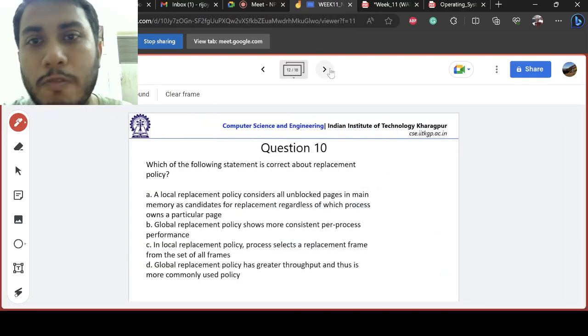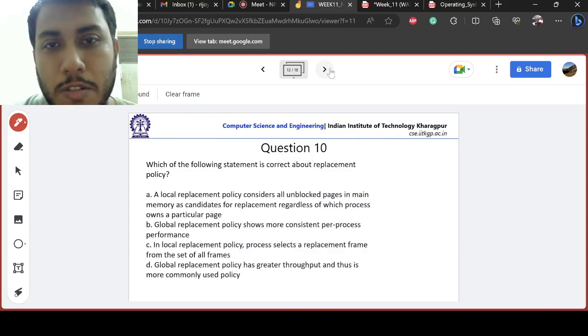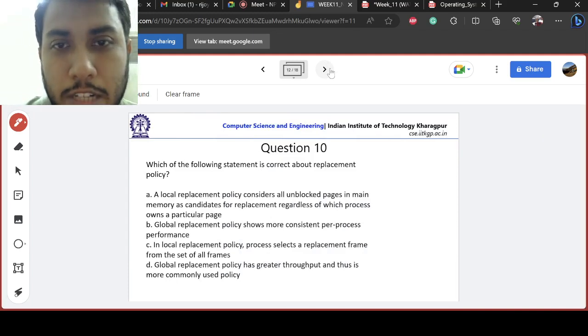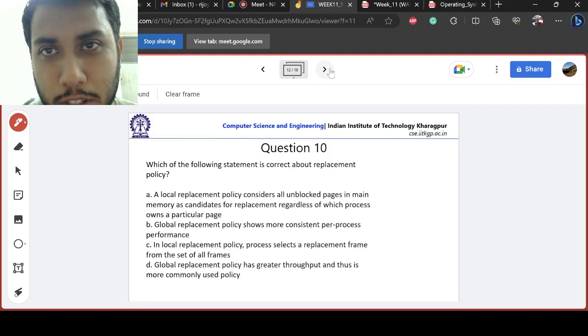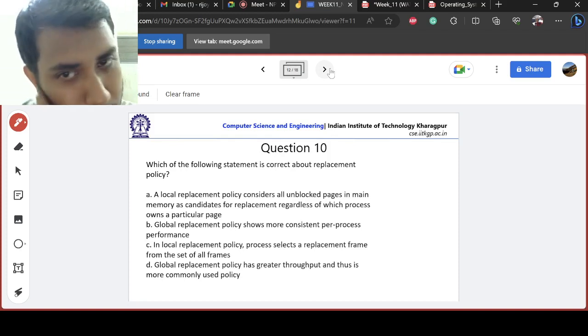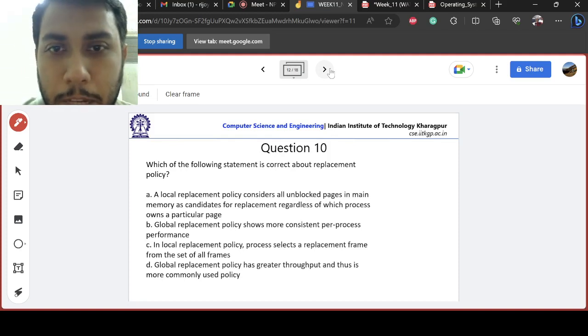Question number 10. Which of the following statements is correct about the replacement policy? Local replacement policy considers all block pages in the main memory as candidates for replacement regardless of which process owns a particular page. Global replacement policy shows more consistency per process.